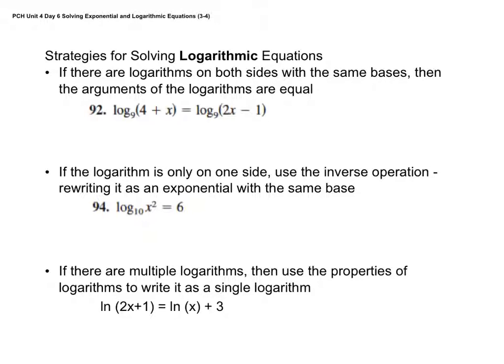So in this case, 4 plus x must equal 2x minus 1, because we're taking the log base 9 of both of them and we're saying that they're equal. So that means x must equal 5.